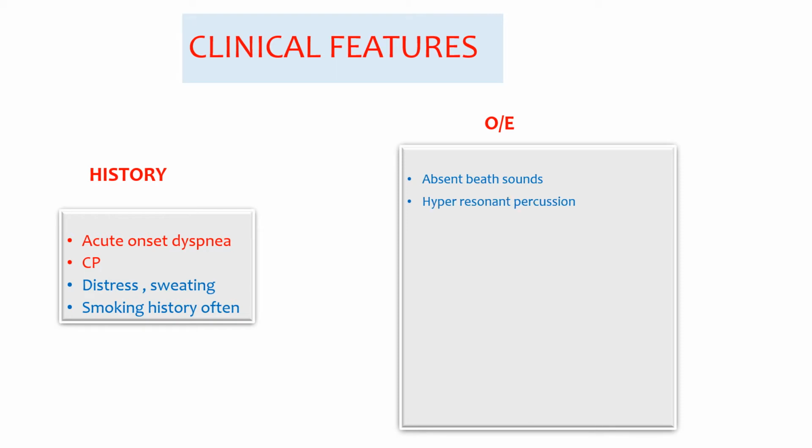Similarly, you get hyper-resonant percussion, then tachypnea, tachycardia, and your saturations fall. The severity depends on the severity of the pneumothorax.